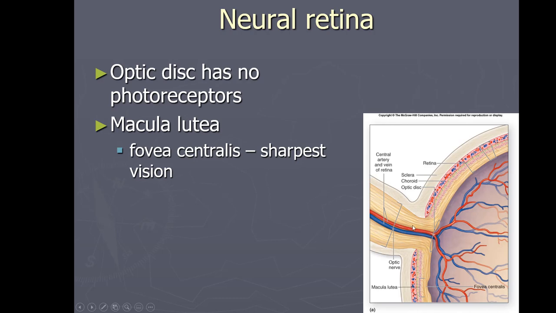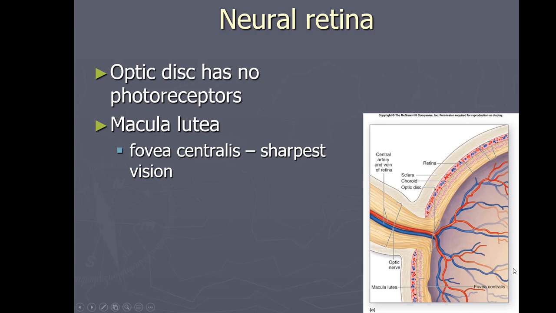So you have a section right here where the optic nerve is, where there's no photoreceptors. So if light were to hit right here, you wouldn't see anything. And usually, because you have two functioning eyes, you don't ever notice it. But there's an experiment you can do. It's in your lab book if you want to look at it.